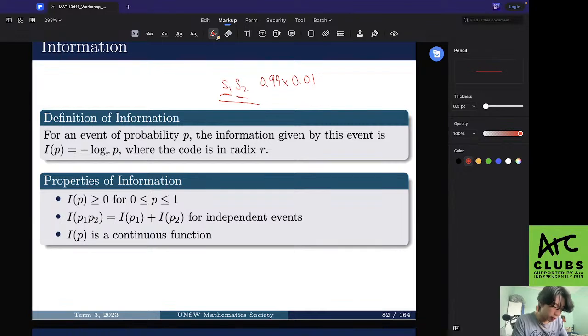So what that means is when we have two events which are independent, we can essentially split up their parts to get the information of each individual part, and that's the same as the amount of information we get as a whole. And then, of course, we need the information to be a continuous function.